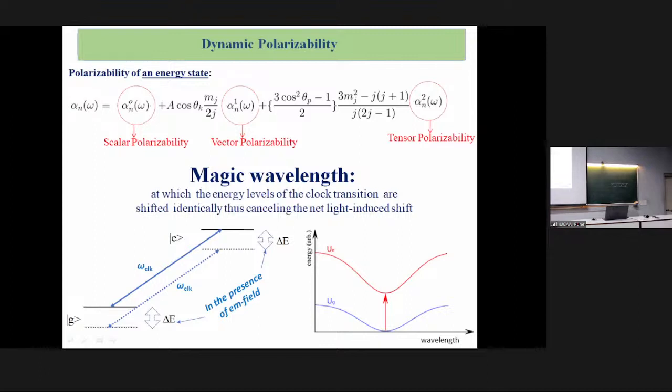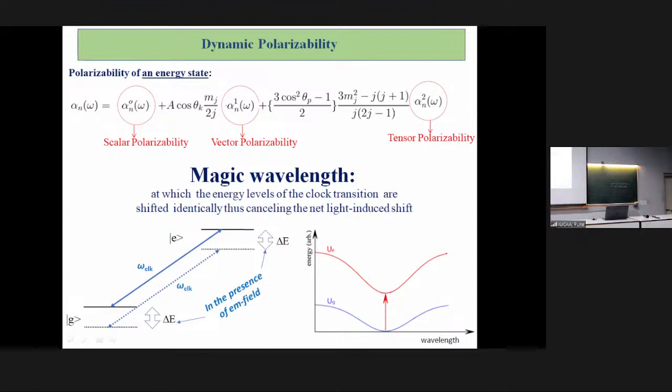This has gone down by delta E, and this has gone down by delta E. That means the transition frequency between these two states is the same as the transition frequency of this. The dotted blue line and solid blue line are the same. Agreed? A simple thing, right? That happens only at certain frequencies or wavelengths of the laser, and those wavelengths are called magic wavelengths.